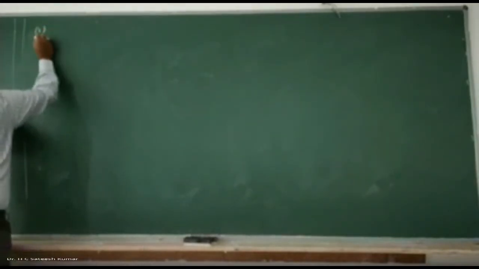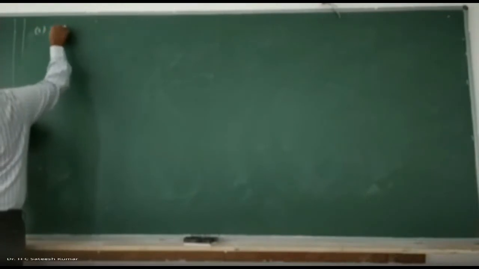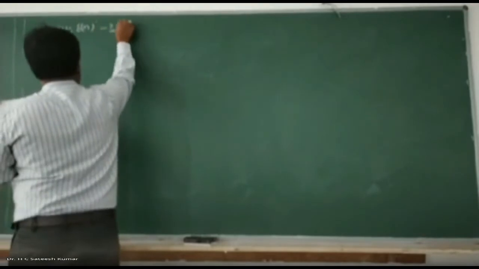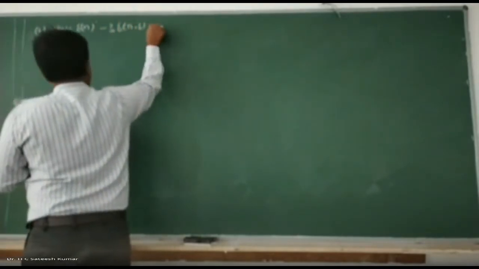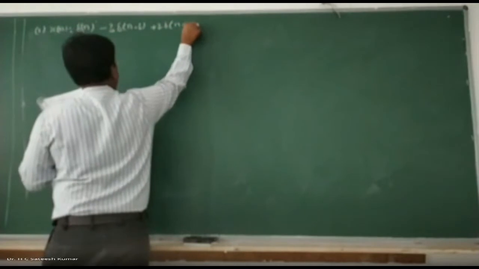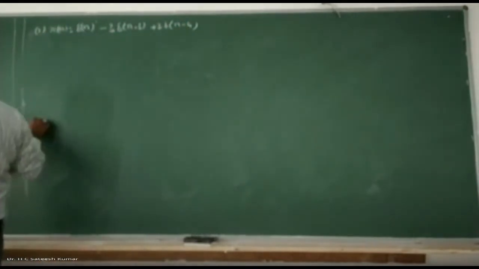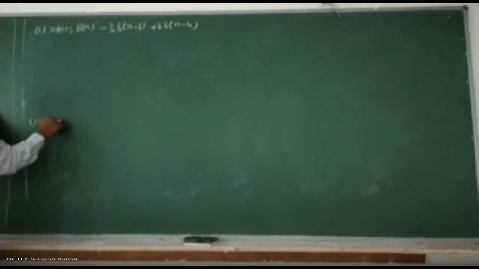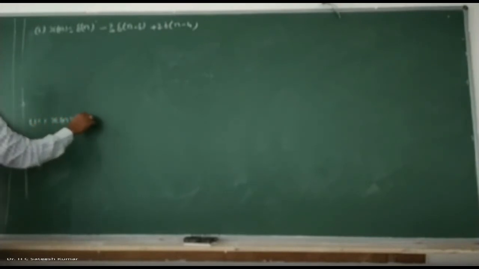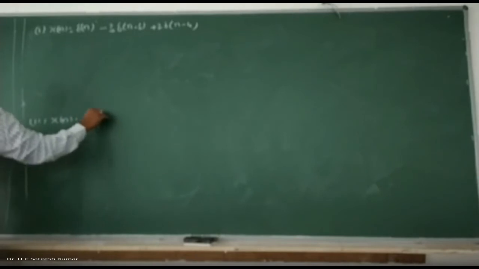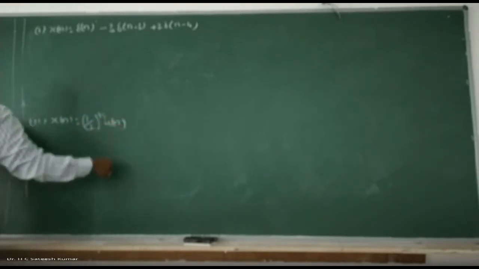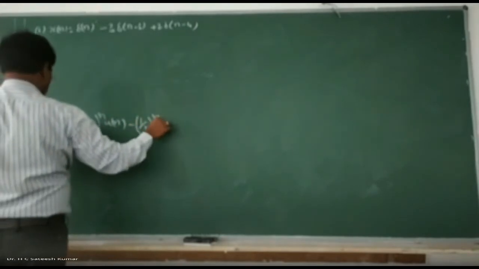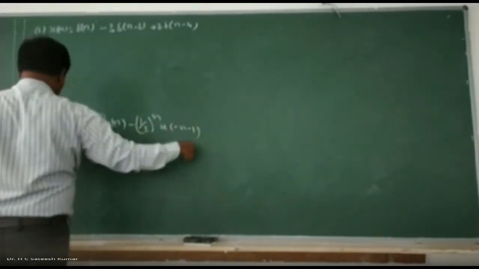First one, find the DTFT of x of n is equal to delta of n minus 3 delta of n minus 3 plus 2 delta of n minus 4. Second one is x of n is equal to half to the power of n into u of n minus 1 by 3 power n into u of minus n minus 1.